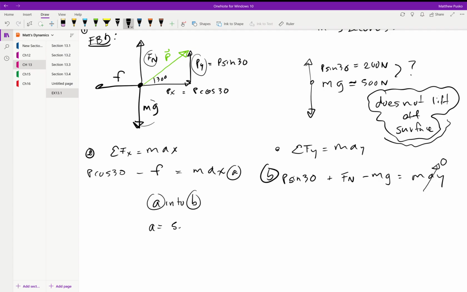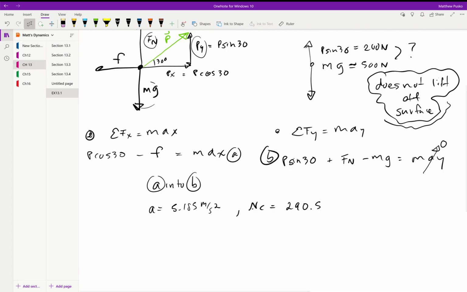So I get 5.185 meters per second squared. That's going to be to the right, and we get a normal force equal to 290.5. The reason we needed the normal force too is this term right here, the frictional force is equal to the normal force times mu.